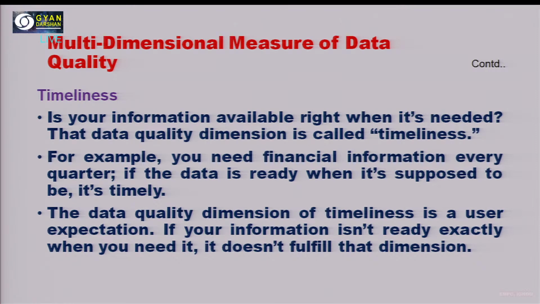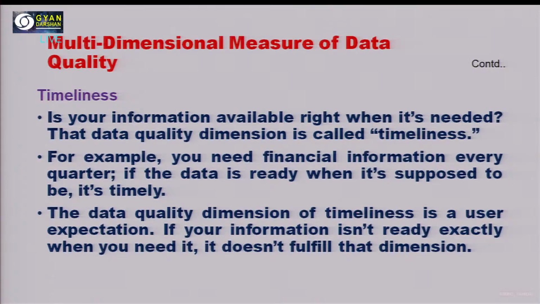So in that case, what exactly can you do? You can always keep your data in the database. You can always maintain the historical data, where you maintain the data from a historical perspective. So if your customers or users need the data in a timely fashion and that data is available in your database or data warehouse, you say that it satisfies timeliness.